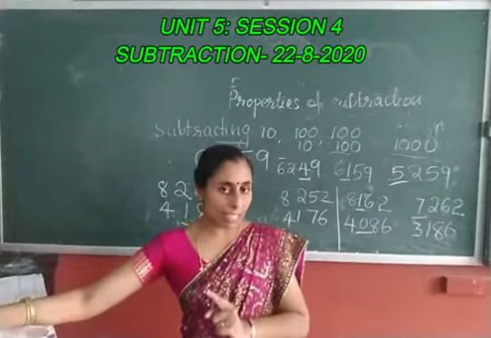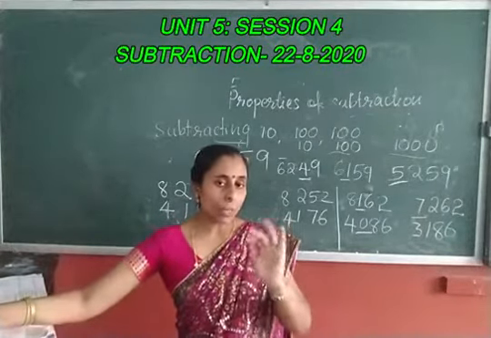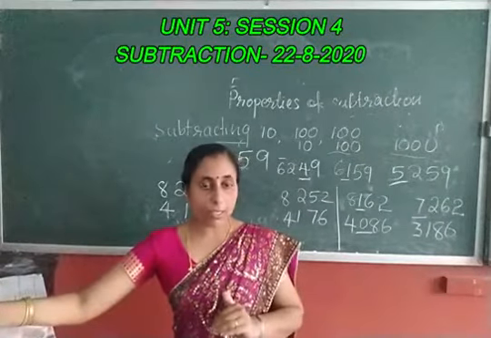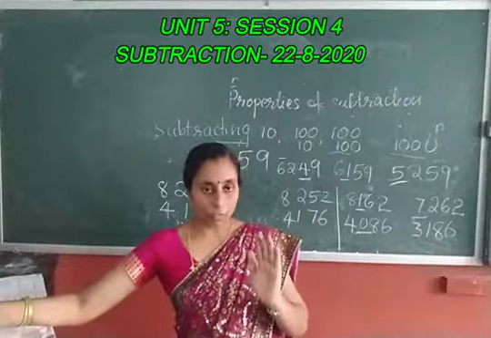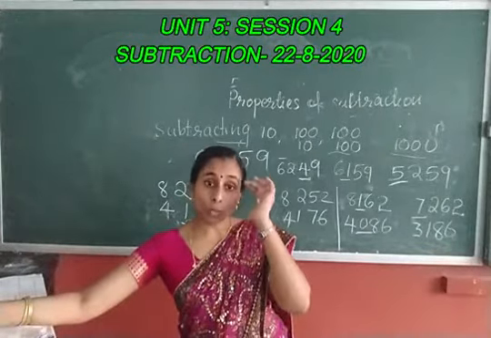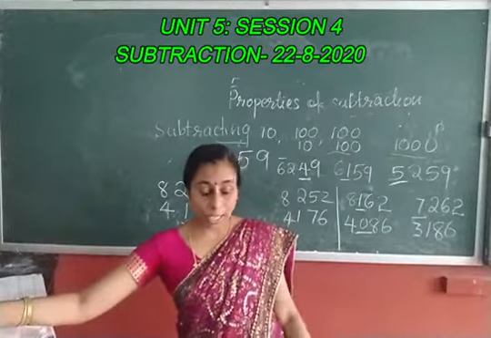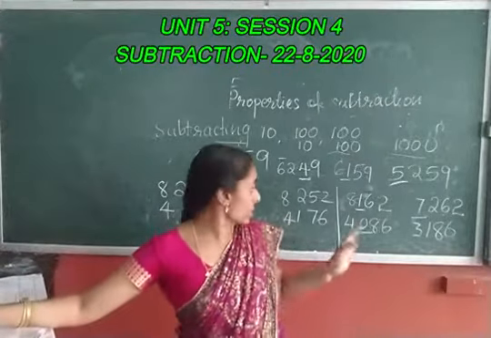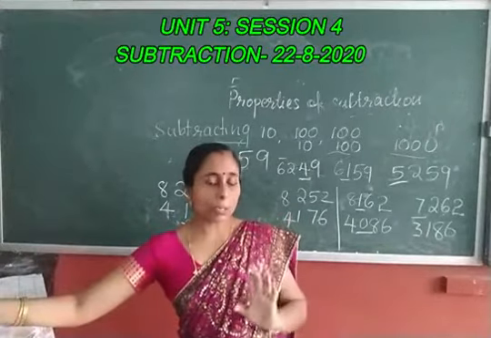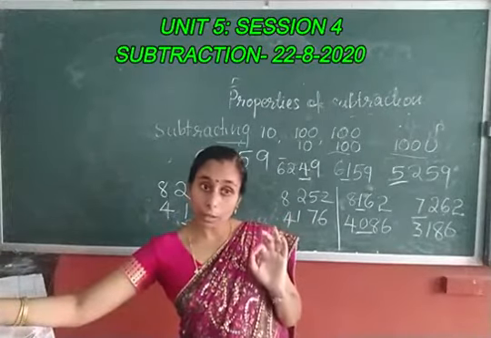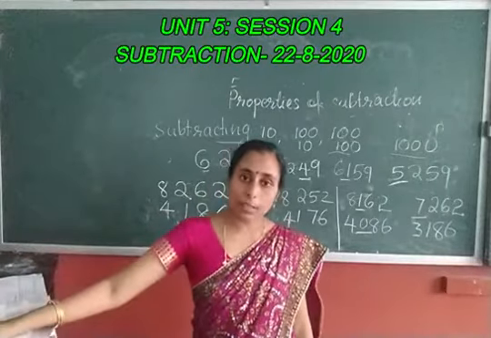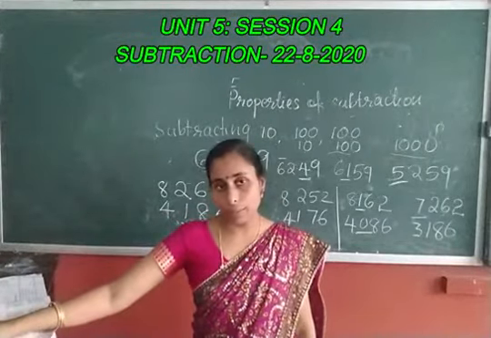When we subtract 10, only the tens place will be deducted by 1, and remaining places will be the same. When we subtract 100 from a number, we deduct only the hundreds place. Other places will remain the same. Then subtraction by 1,000: only the thousands place will decrease by 1.